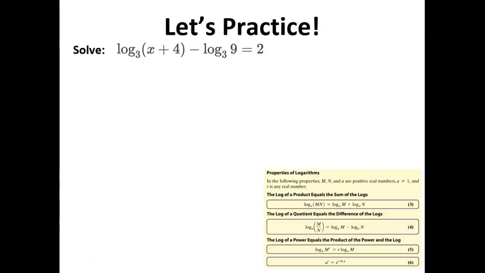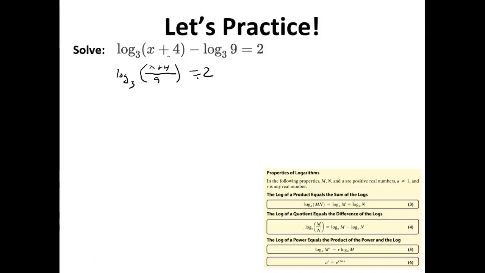This one here looks a little bit different, but trying to solve it, we have 2 different logs. Generally a good principle is to try to write this as one log. So we have the difference of 2 logs. This property right here, we can write it as one log with a quotient. So you're going to have log base 3 of the x plus 4 on top, over the 9 on the bottom, is equal to 2.